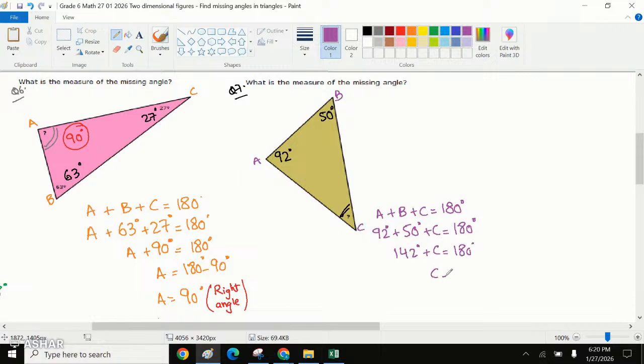So can we say C comes out to be 180? No, a small error, typing error. Please confirm. 180 minus 142. C should be, thank you for responding, but small mistake. 180 minus 142. This becomes a 7. This is 10. 10 minus 2 is 8. 7 minus 4 was 3.